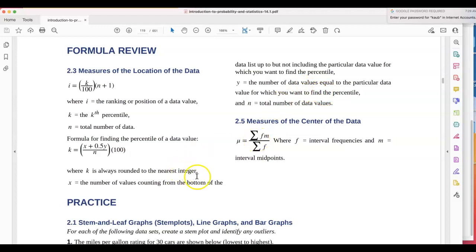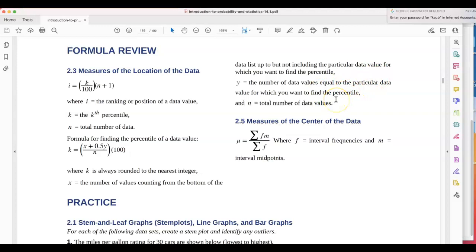It says X, the number of values counting up from the bottom of the list, but not including the particular data value you're on, and Y is the number of data values equal to the particular data value of which you want to find the percentile. So if there's a repeat, then Y is going to be 2. If there's only one of those values, you're going to put 1 in for Y. And N is the number of pieces of data that you have in your list.